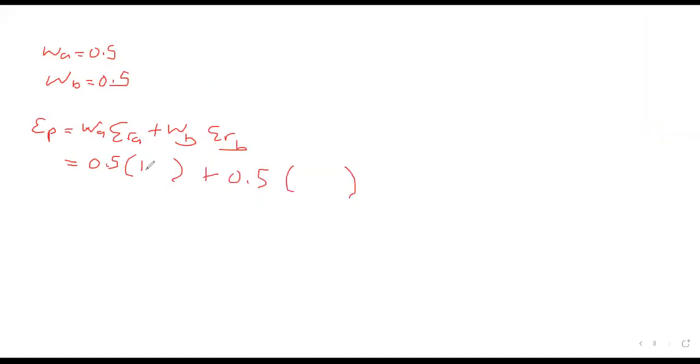What are you getting? 55 plus 105 gives 160. This is the portfolio expected return.